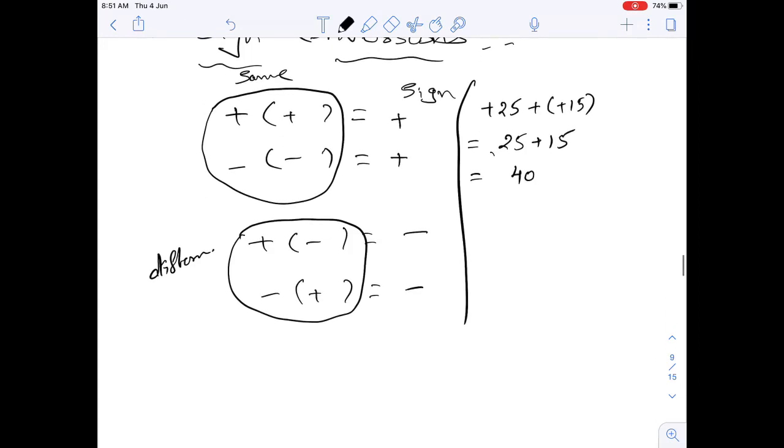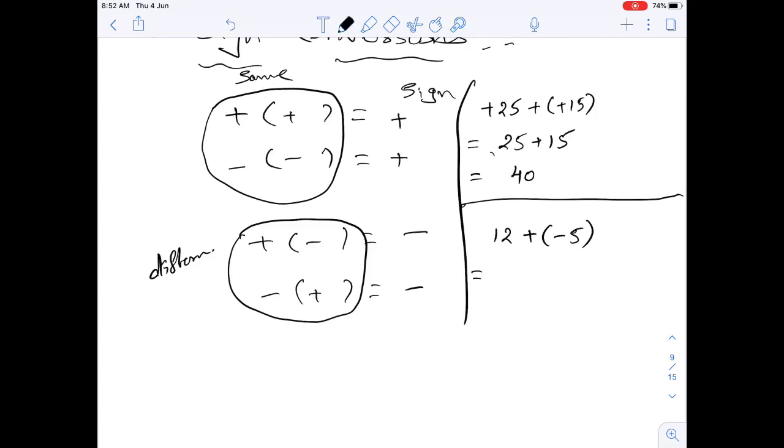Now suppose two numbers are in this way: 12 plus minus 5. Here a plus sign is followed by a negative sign. It means that immediately after a sign, another opposite sign is present. When two different signs follow each other, we write a negative sign.